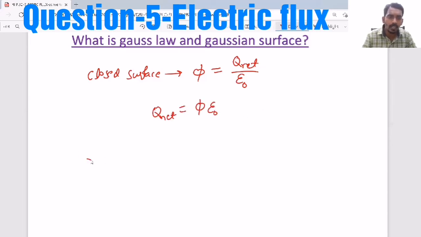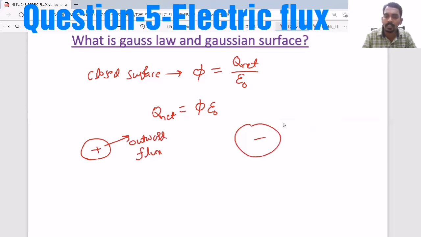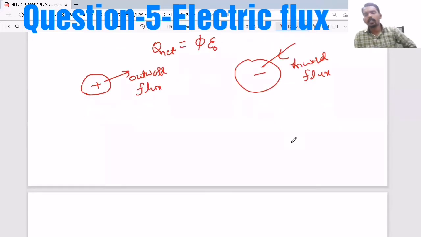If there is a closed surface and a net positive charge, then the flux is outward, and outward flux means positive. If the net charge is negative, then the field lines will enter, that means inward flux, which we take as negative. When there are multiple charges, there may be inward and outward flux, so there is a resultant flux.